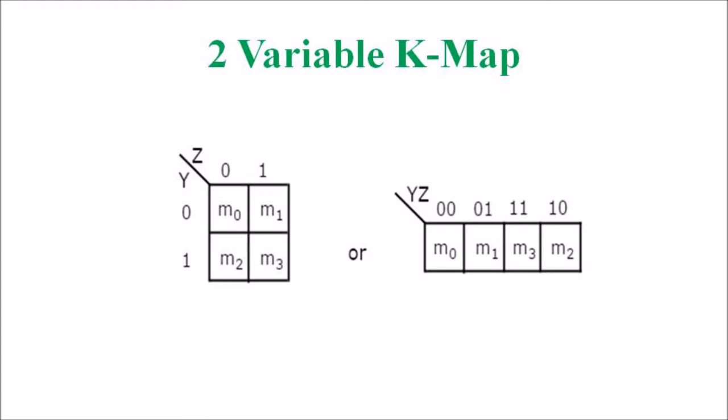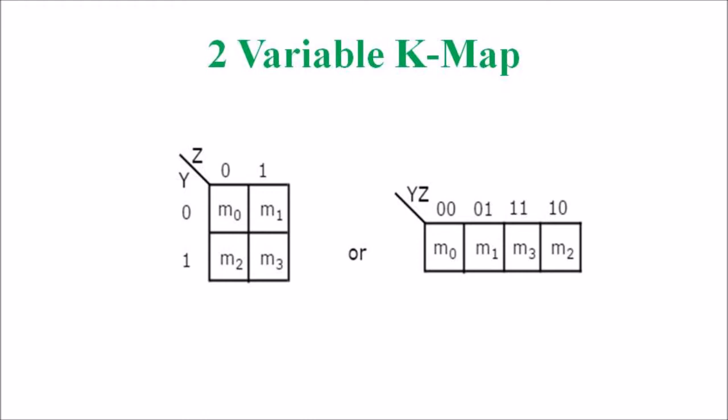So there is only one possibility of grouping the 4 adjacent minterms. The possible combinations of grouping 2 adjacent minterms are m0, m1 or m2, m3 or m0, m2 and finally m1, m3. So these are the 4 possible combinations available in this 2 variable KMap.